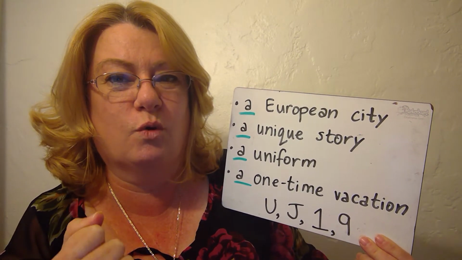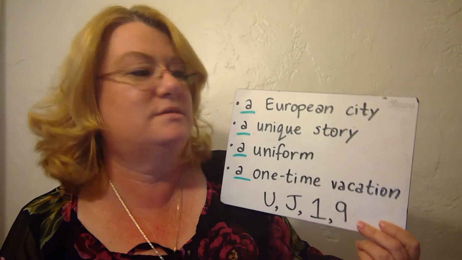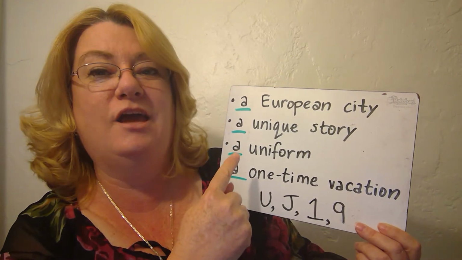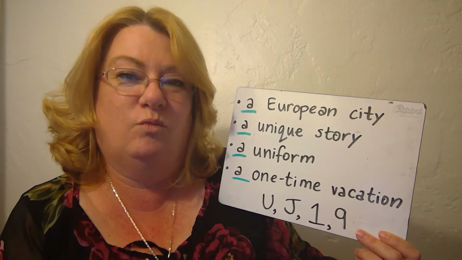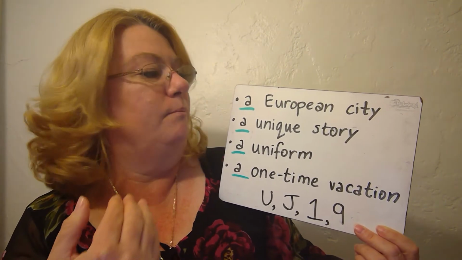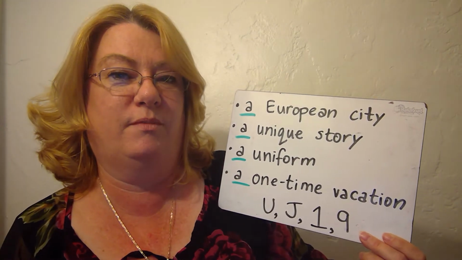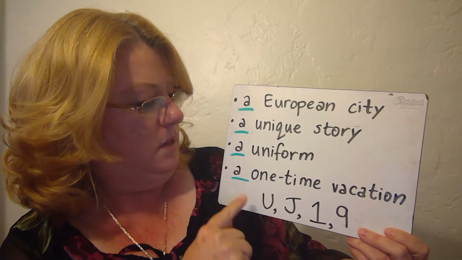It's not an E, and it's the U acting as the Y sound. So, a European city. A unique story. Unique, not the regular soft U vowel sound, it's harder. A uniform. Uniform. You can hear that Y sound.